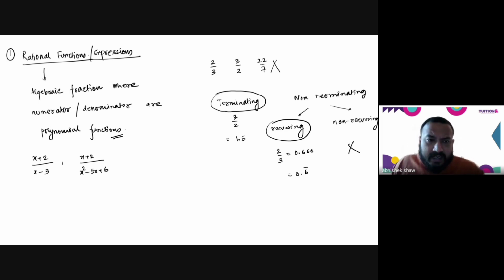This is a rational function or a rational expression. I can have multiple factors as well, like x minus 1 over (x minus 2)(x minus 3)(x minus 4). This is also an example of a rational expression.